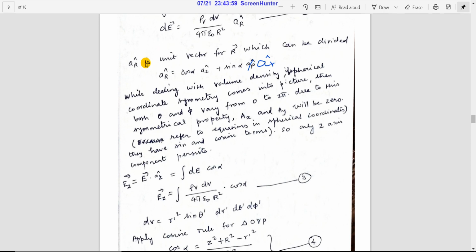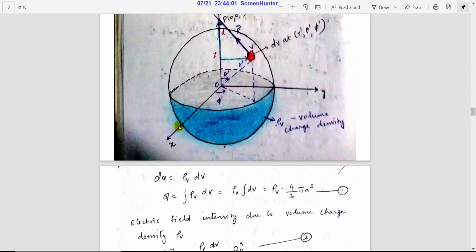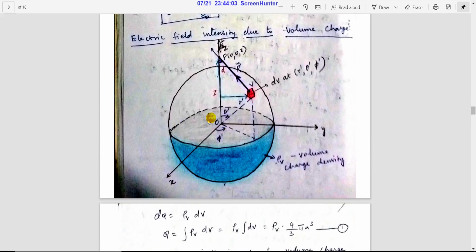Since AR vector and the other vectors are being constituted by the particular spherical volume charge density, the spherical volume charge density has been situated by two angles. One is phi dash and another is theta dash.